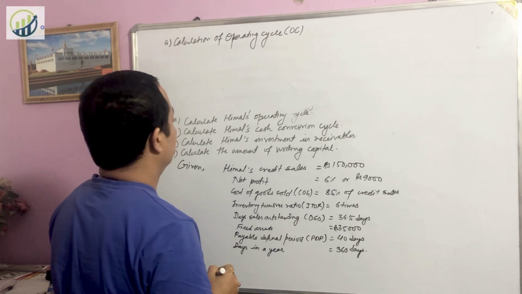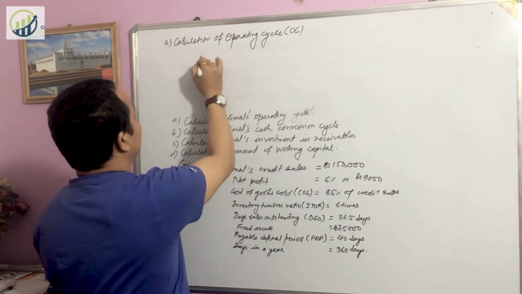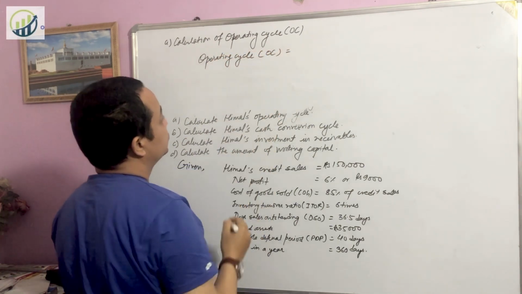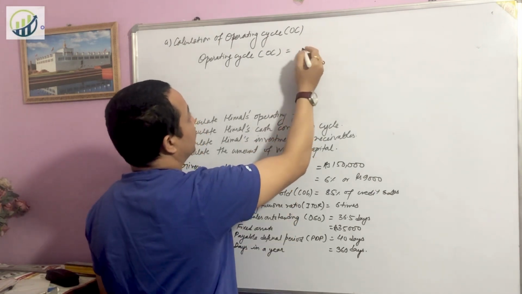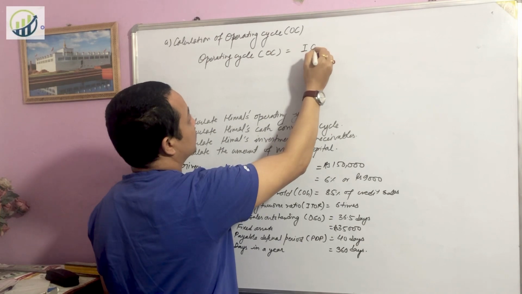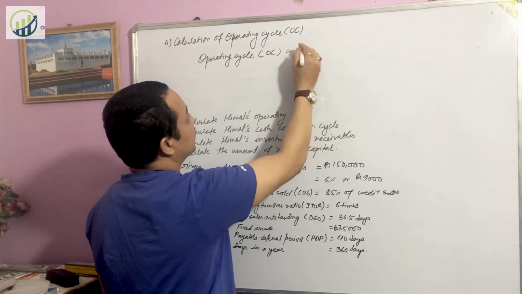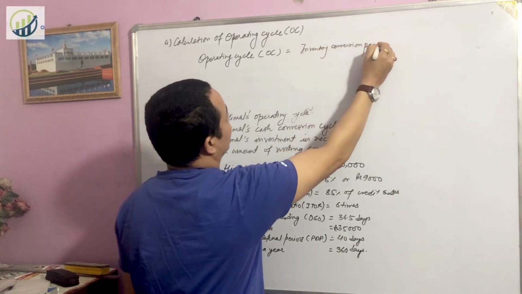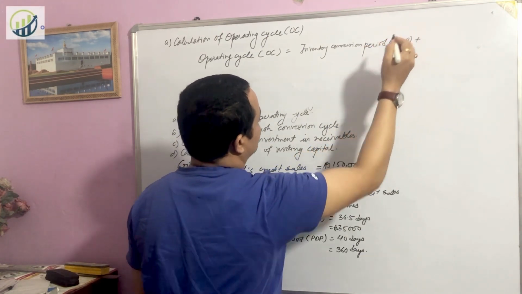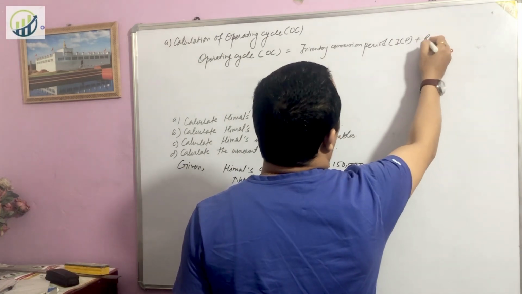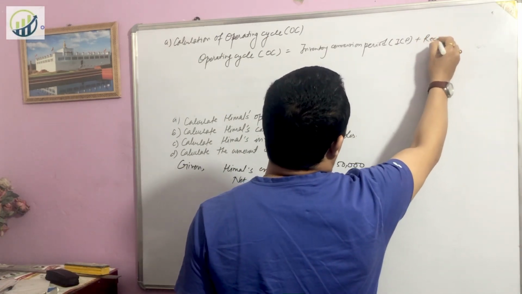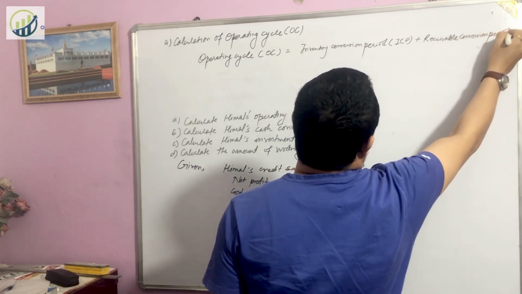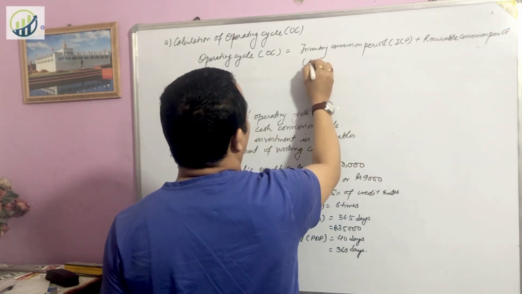For calculating the operating cycle, OC equals inventory conversion period, or shortly ICP, plus receivable conversion period, or you can say days sales outstanding, shortly RCP or DSO.